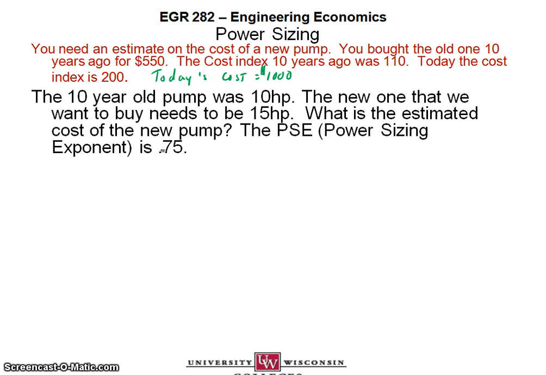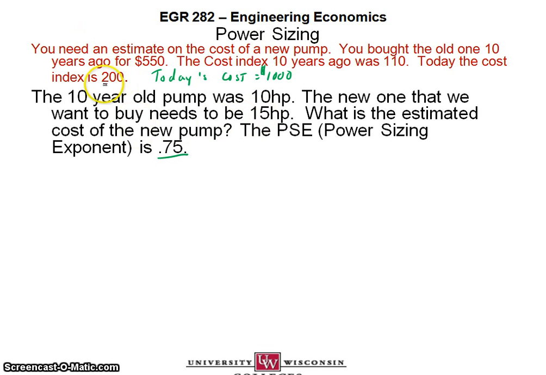But now we want to take that old pump, which was 10 horsepower, and buy a new one that's 15 horsepower. And we know that the power sizing exponent is 0.75. What is the cost of this pump today? We know if it was the same size pump, the same 10 horsepower pump, it would cost $1,000. But we don't know what it is based on this new size.